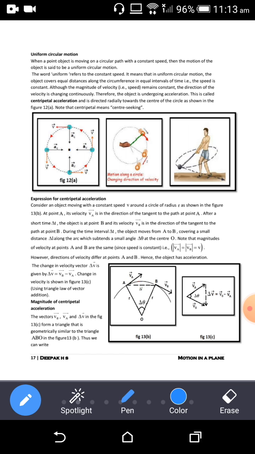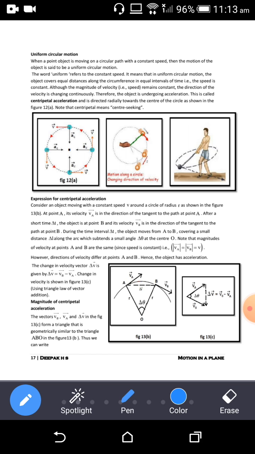As you know, when you keep revolving an object with a constant speed, it covers equal distance in an equal interval of time, right? The velocity remains the same magnitude-wise, but the direction differs.